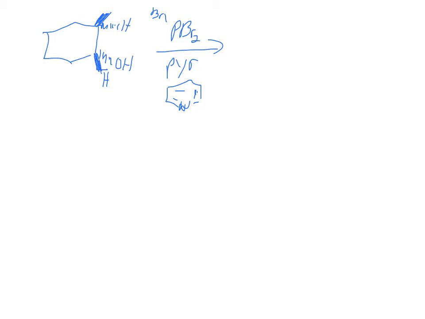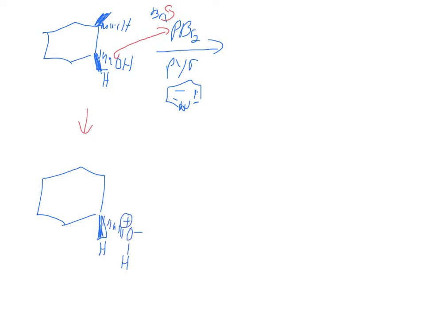The first thing that happens here is our oxygen attacks, and we kick out a bromine. Pyridine comes along. Now we just have Br minus.